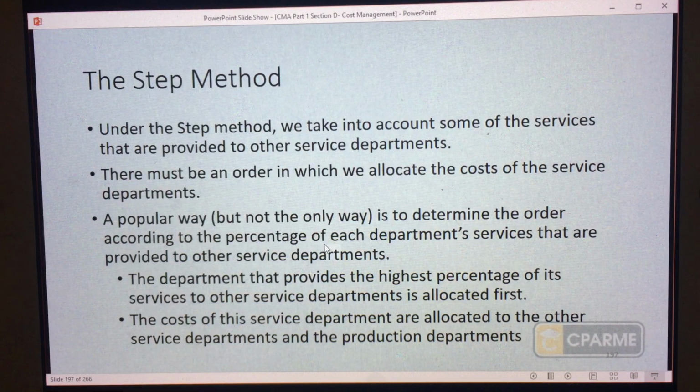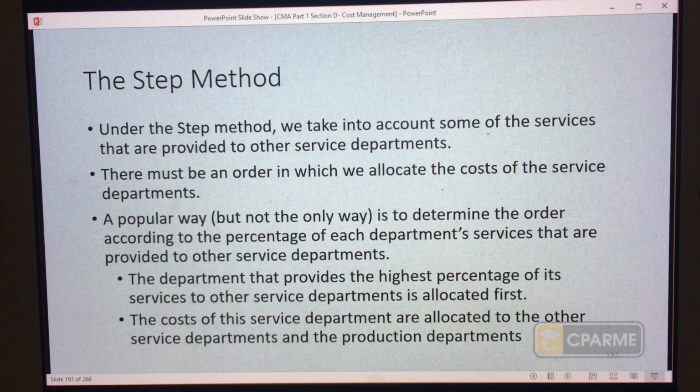A popular way, but again, not the only way, of determining the order is according to the percentage of each department's services that are provided to other service departments. So you look at the percentage. The department that provides the highest percentage of its services to the other service departments is allocated first, and then the others follow. So your priority in ranking would be the provision of services.